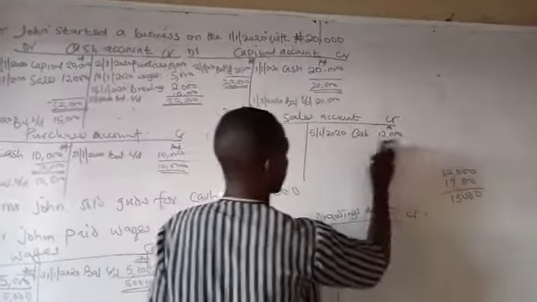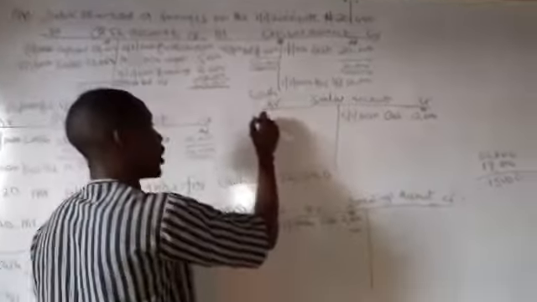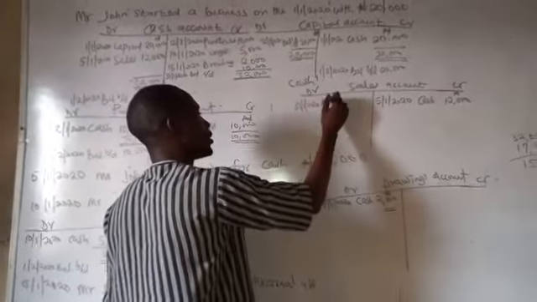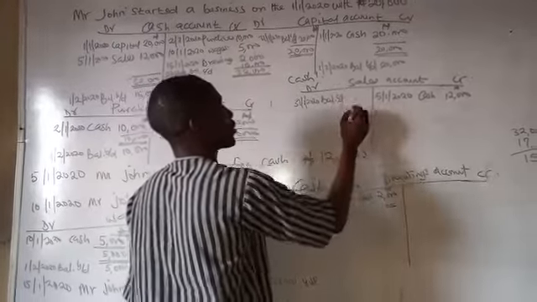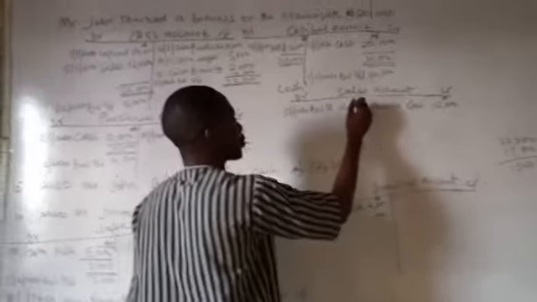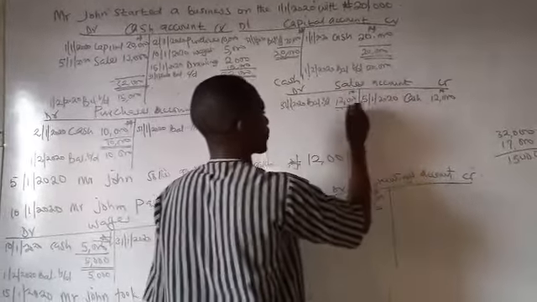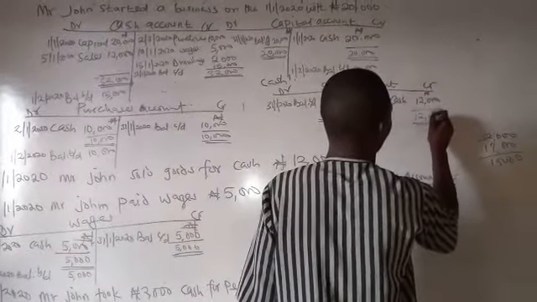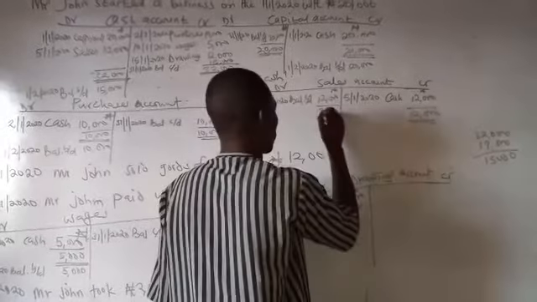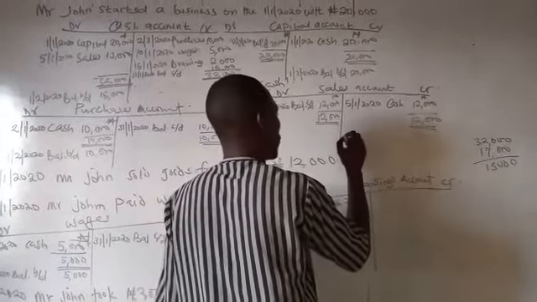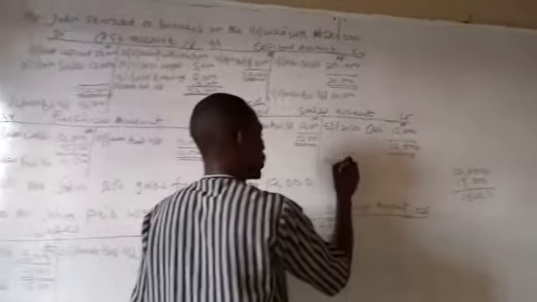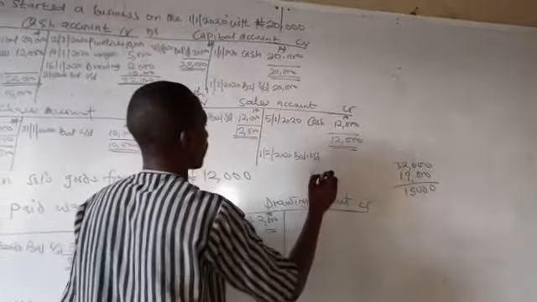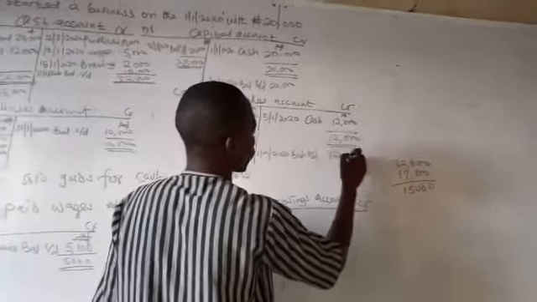On the sales account, at the end of January, 31st January 2020, balance carried down 12,000 naira. And on the 1st of February 2020, balance brought down 12,000 naira.